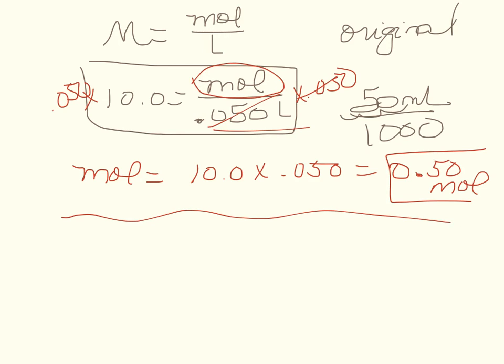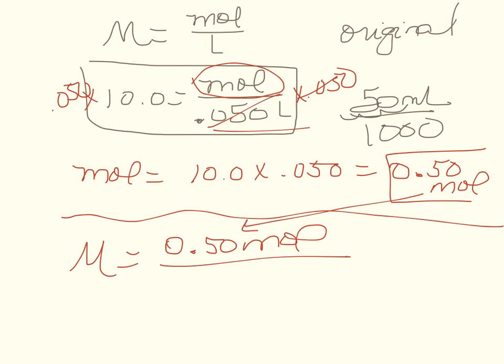So now we're trying to figure out the new molarity. We just found out that in the new solution we have 0.50 moles. What is the total volume of the solution that we have at the end? Well, we started with 50 milliliters, 0.050 liters.